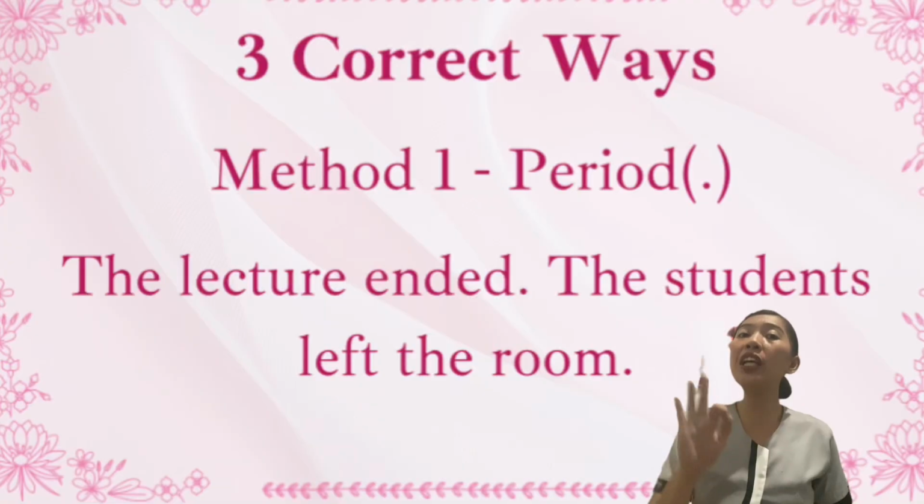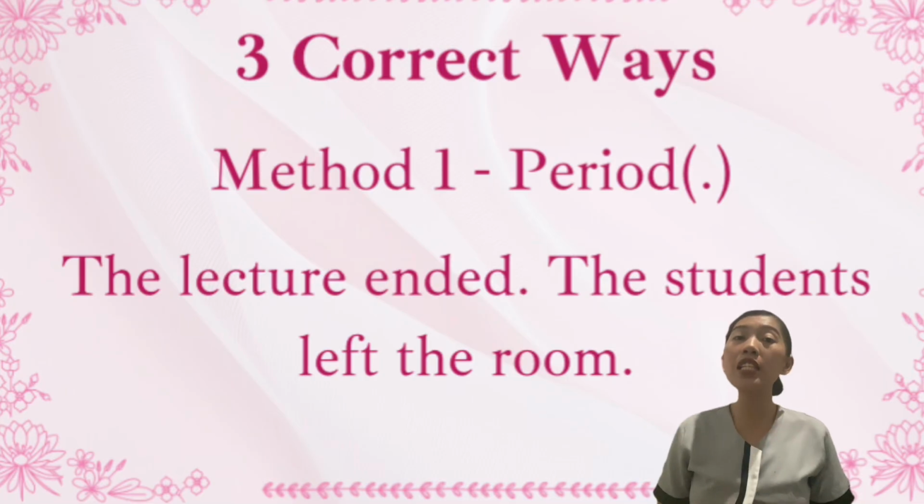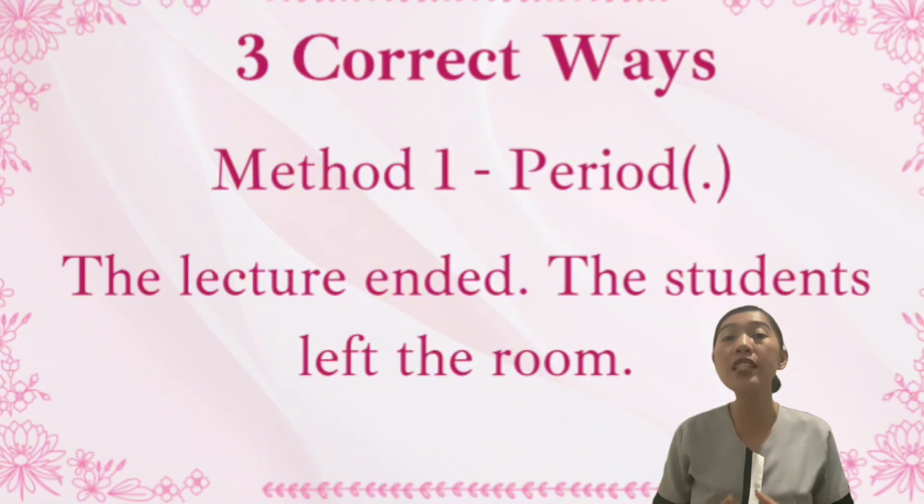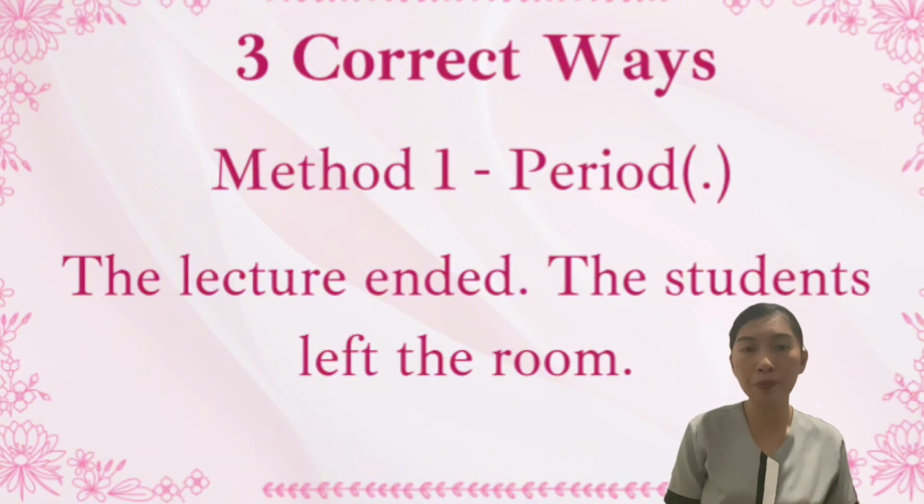So, there are three correct ways. Memorize this for LET. There are only three correct methods. Method 1 is a period: the lecture ended, period, the students left the room.